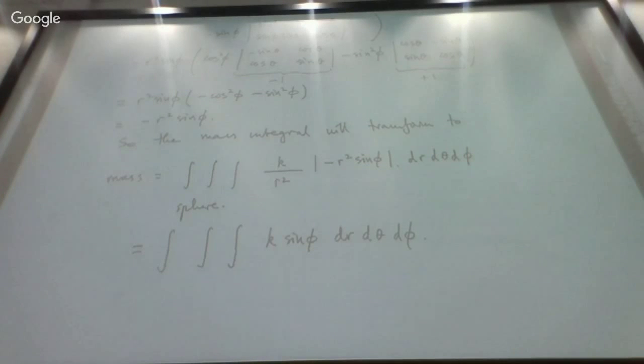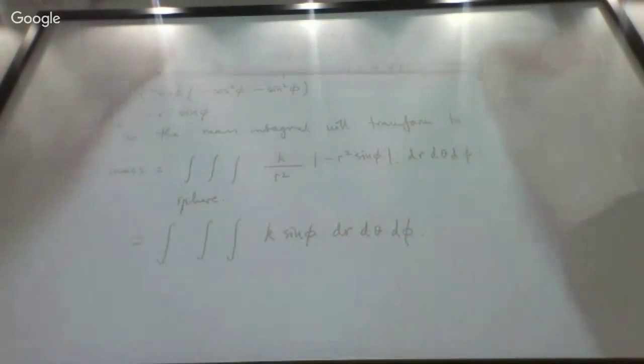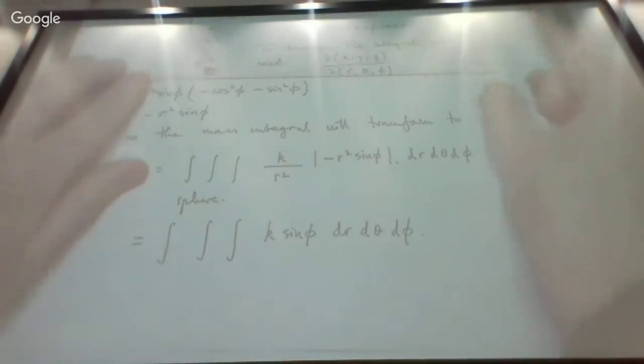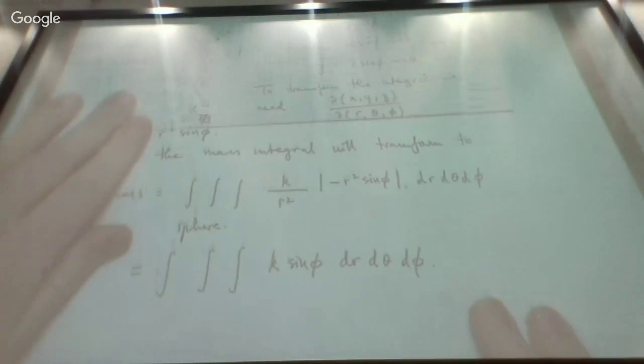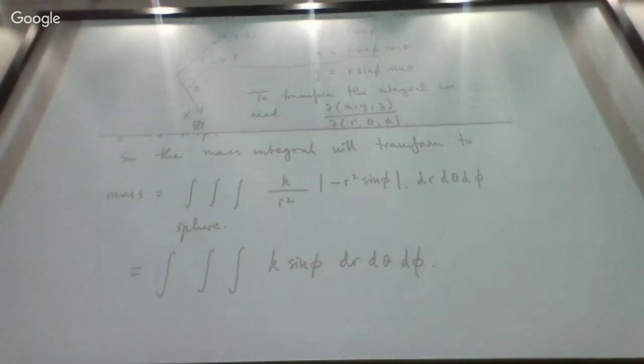Now we want to put in the limits of integration to describe the sphere. The question asked is to treat the sphere of radius a. So for the sphere of radius a, we should glance back at our diagram of the spherical coordinates, and think about what the limits are for the spherical coordinates.